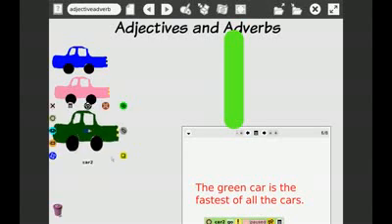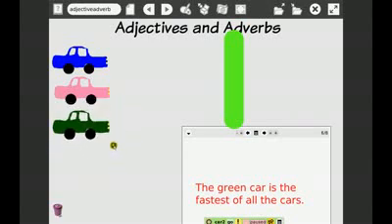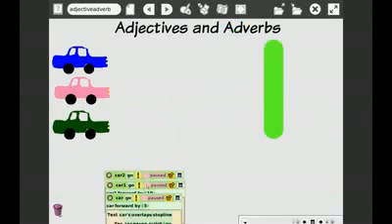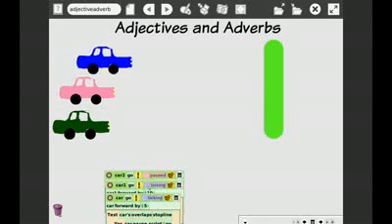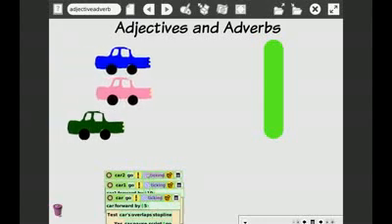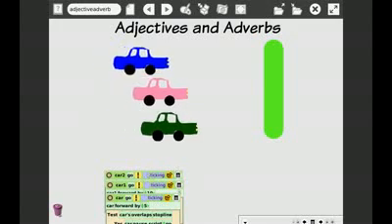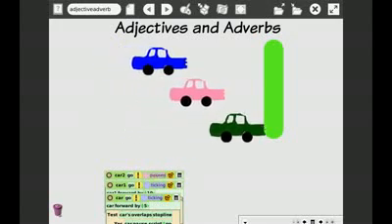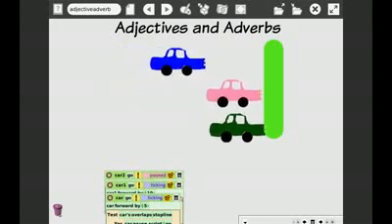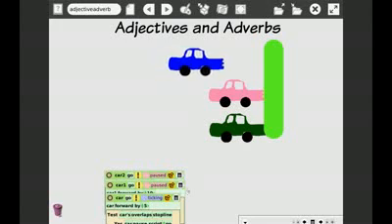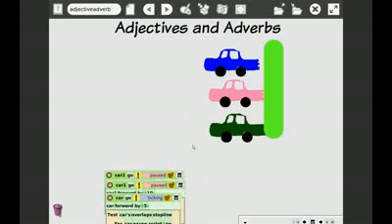Now we can put the green car back in the race. Let's start with the blue car, and then the pink car, and then the green car. Green car goes surging towards the lead. Pink car is close behind, followed, no doubt, by the blue car, which finally makes it.